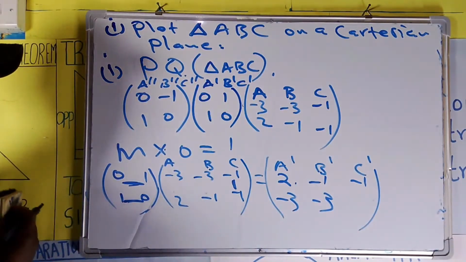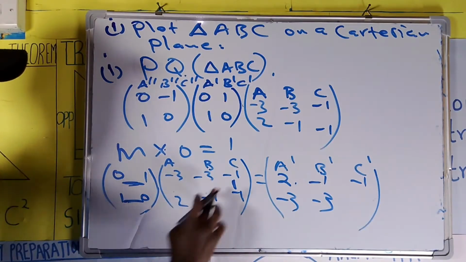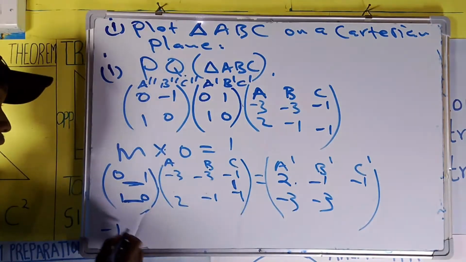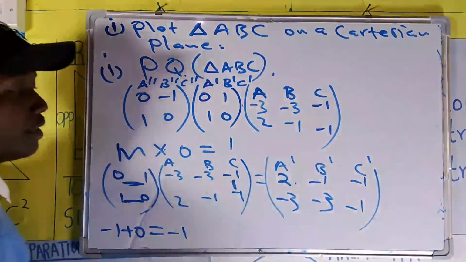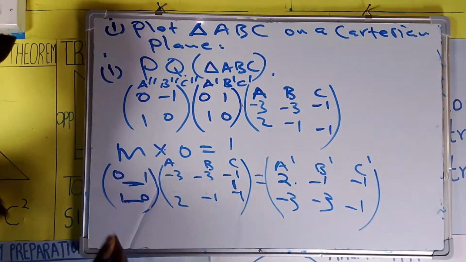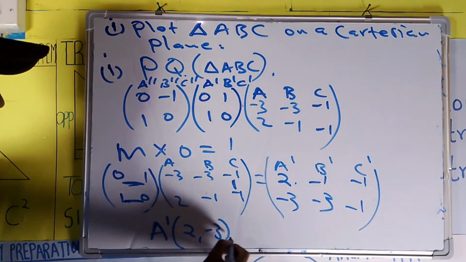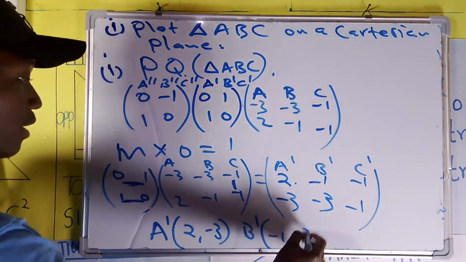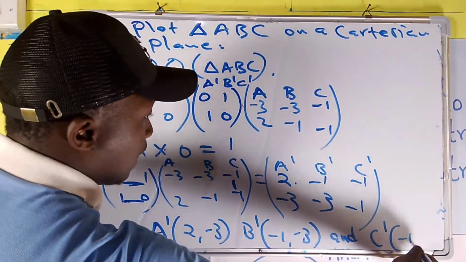The next one is 0. 1 times negative 1 is negative 1 plus 0 times negative 1 is 0. So negative 1 plus 0 will be equal to negative 1. Therefore, our first image A prime will be 2 negative 3, B prime negative 1 negative 3, and C prime negative 1 negative 1.